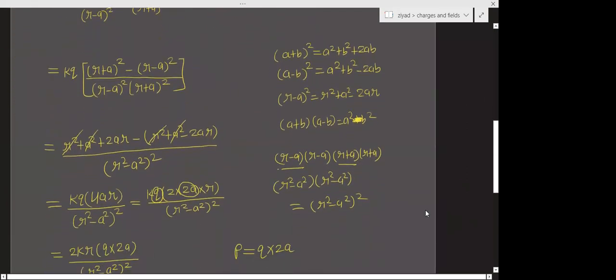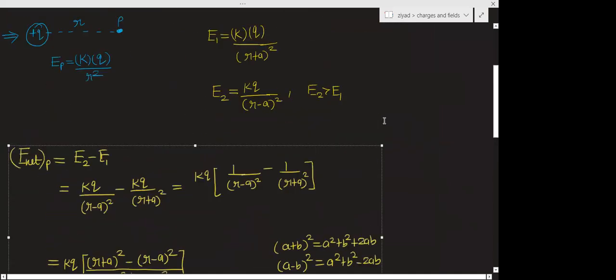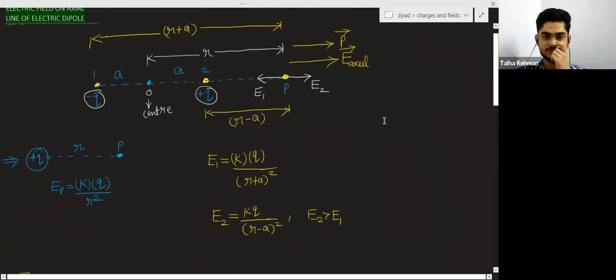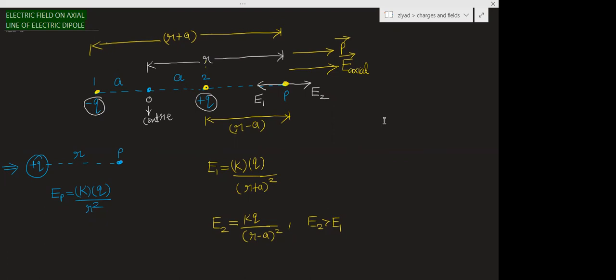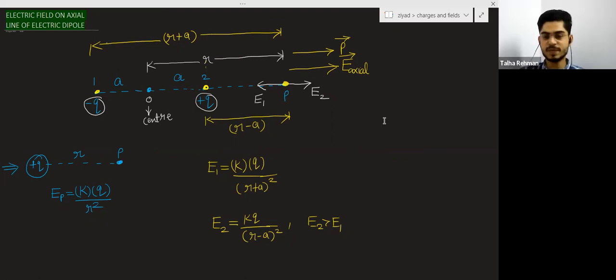We are just doing the calculation there. But calculation is a very, very important part. You should know how to calculate things.